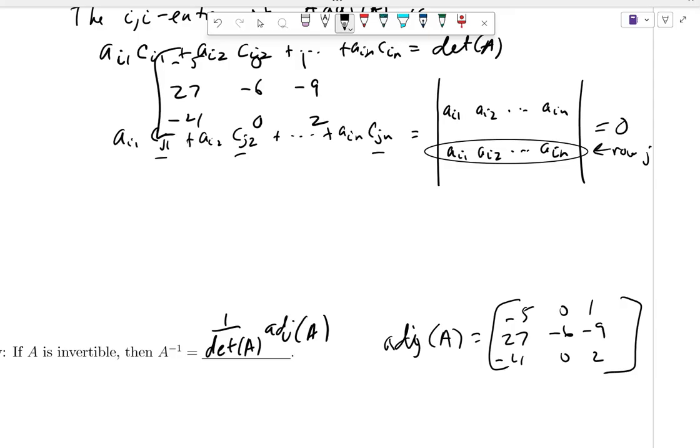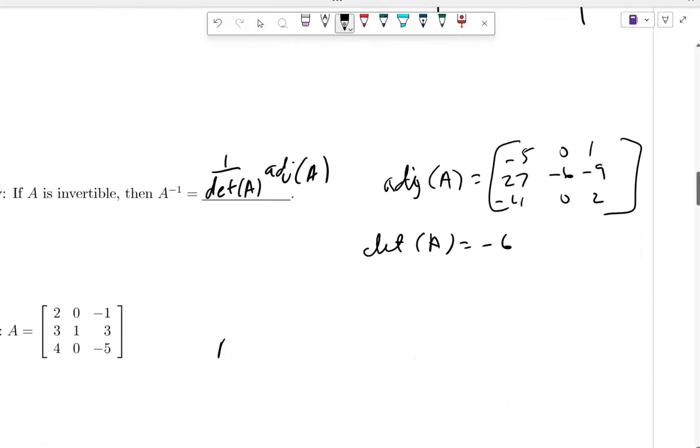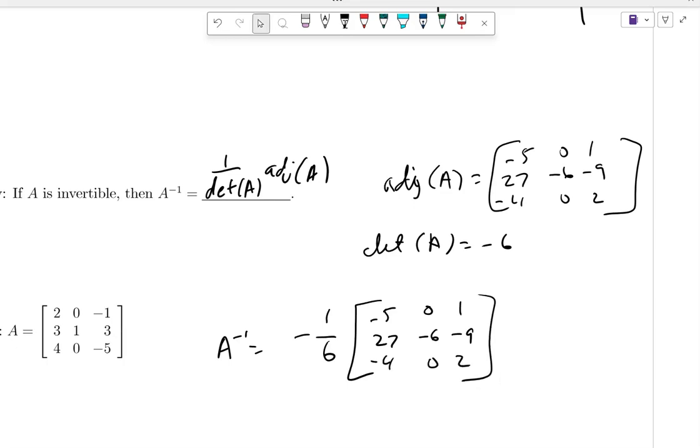And when we did that product, we got negative 6 down the diagonal, so we know that the determinant's negative 6. So A inverse here will be negative 1/6 times that adjoint. There's our formula for the inverse involving the adjoint.